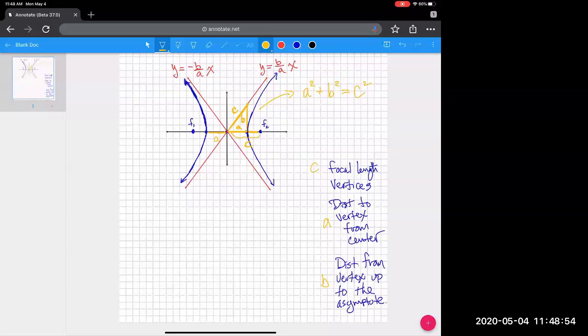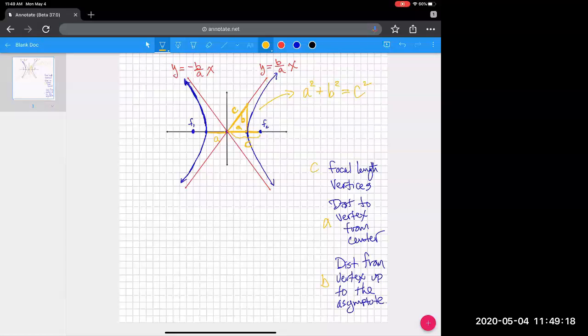Questions, comments, discussions about the setup before I then give us the equation for this? So this graphically is probably a little harder to understand the dynamics than either the parabola or the ellipse. That's why I do it last.